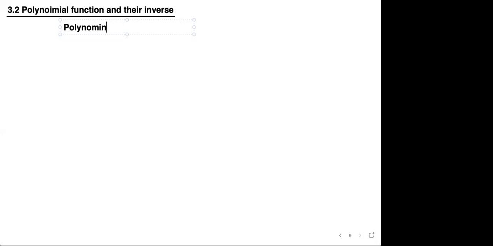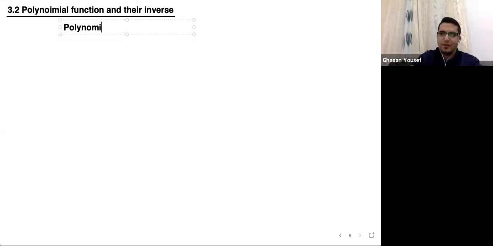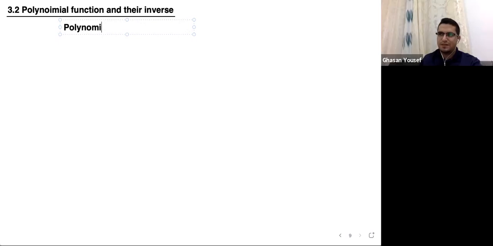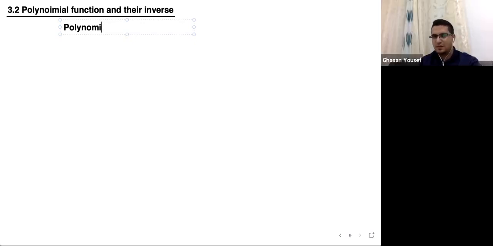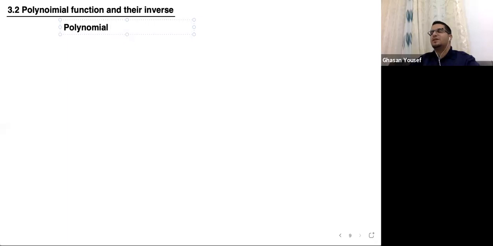A single degree term. Can you give me an example or the form? Not x plus 2, without the plus, since we're talking about the monomial. Maybe 2x squared. This is correct. This is a monomial.